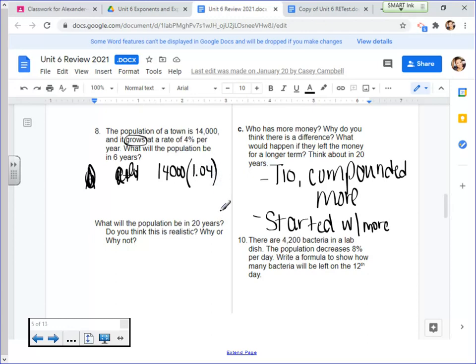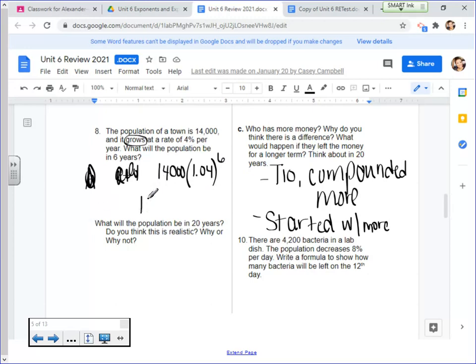You have to add 1 to your rate because you have 100% of the people who are in the town and 4% of new people. And then you raise it to the amount of years. So since this is an exponential growth, I had to add 1 to my rate. This is going to tell us how many people would live in this town after 6 years.